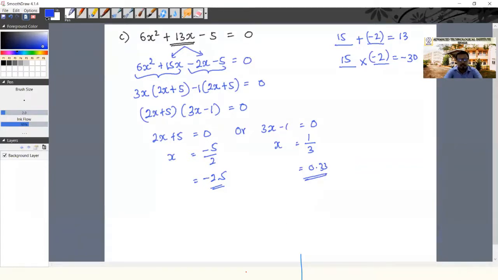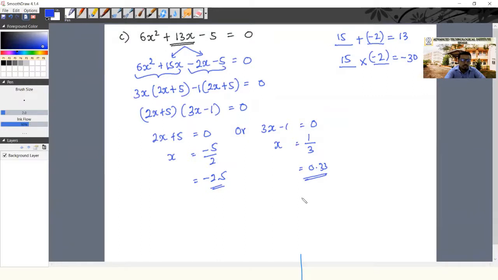Have you got the same answer? Using the calculator, see whether you can get the same answer. That is what we do in the exam. You make it following the procedures. If it is asked to solve it using the quadratic formula, go through that procedure. If you are asked to solve this quadratic equation using factorization, follow this procedure and generate these answers.